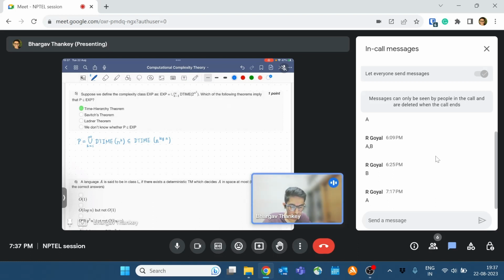D time n to the log n, right? Now, if I can show that D time n to the log n is strictly contained in EXP, I am done, right? Now, n to the log n is small o of 2 to the n.